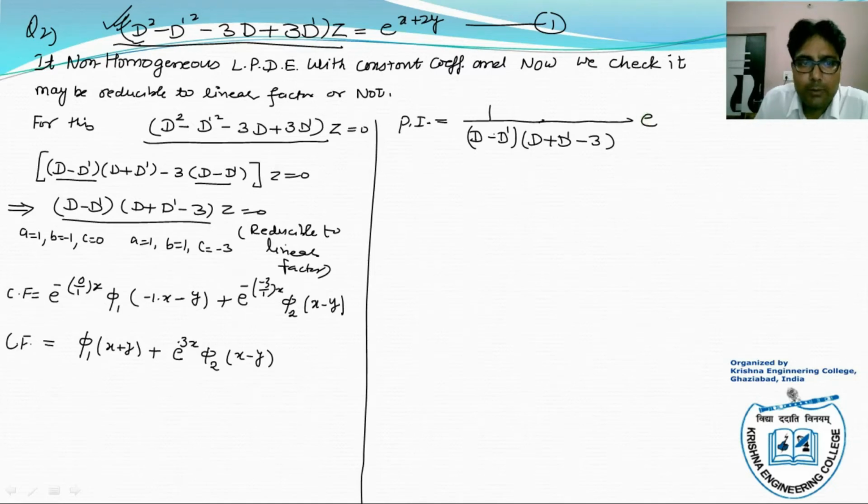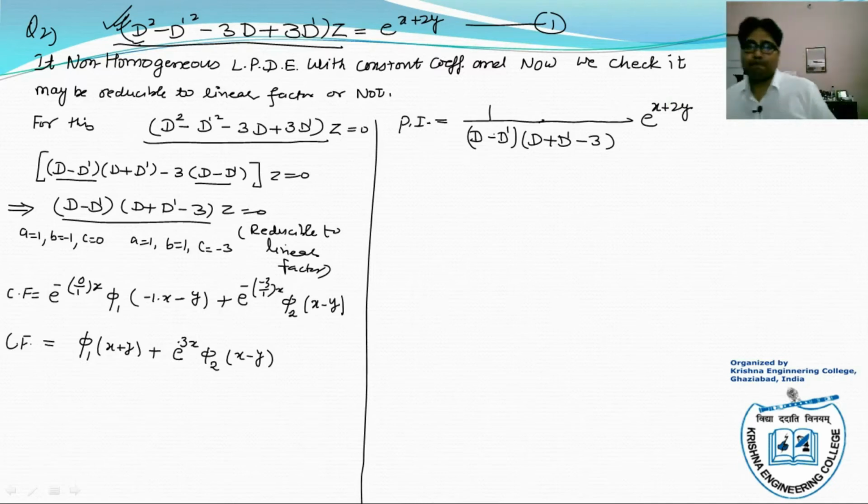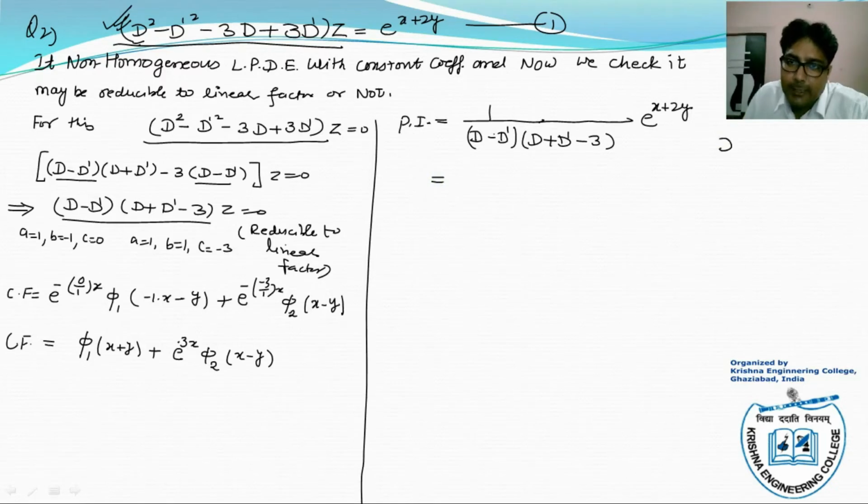e to the power x plus 2y. Clear? Now replace D by D'. Replace D by a, which means 1, and D' by b, which is 2. Now there are two factors.